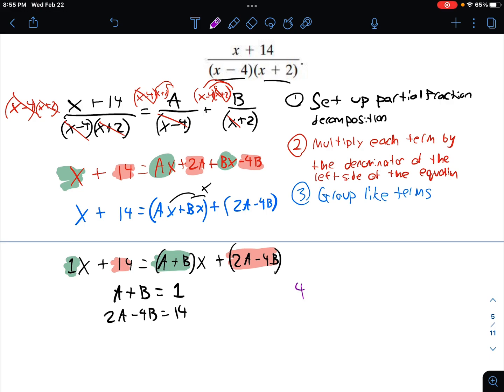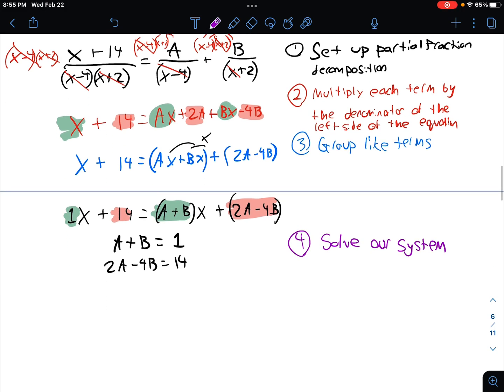Okay, step 4. We're going to go through and solve our system. To do this, we can solve for A and plug into the other equation, or we can multiply the top part by -2 and then add, which is what I would prefer to do. So we're going to get -2A minus 2B equals -2, and 2A minus 4B equals 14.